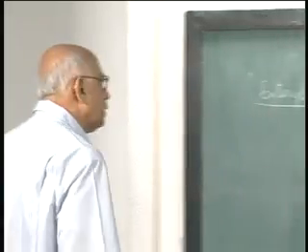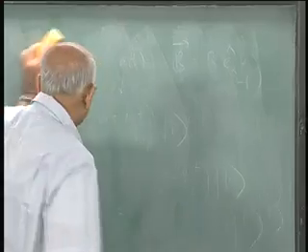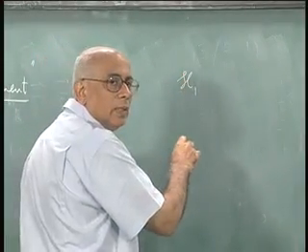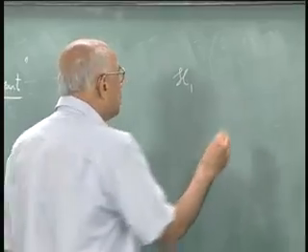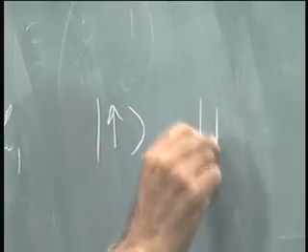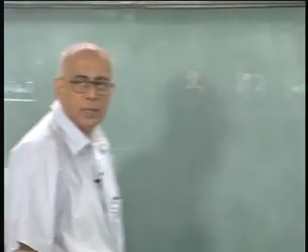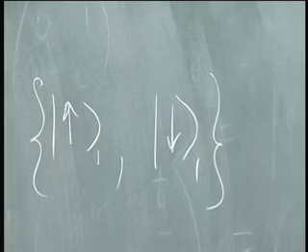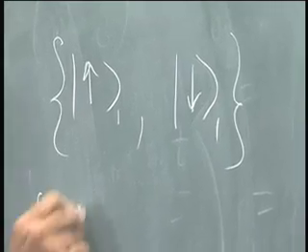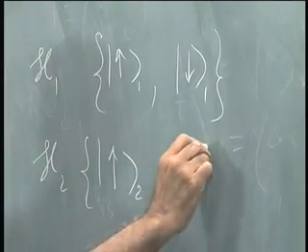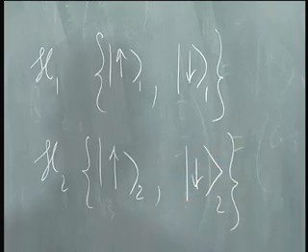Then what does the Hilbert space look like? For the first electron you have a Hilbert space H1 and it has 2 states which would correspond to either up or down for the first electron. For the second one similarly I have an up 2 and a down 2.